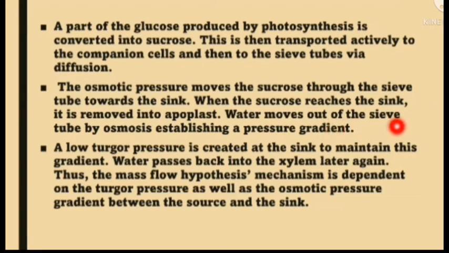Water moves out of the sieve tubes by osmosis, establishing a pressure gradient. A low turgor pressure is created at the sink to maintain this gradient. Water passes back into the xylem later again. Thus, the mass flow hypothesis mechanism is dependent on the turgor pressure as well as the osmotic pressure gradient between the source and the sink.